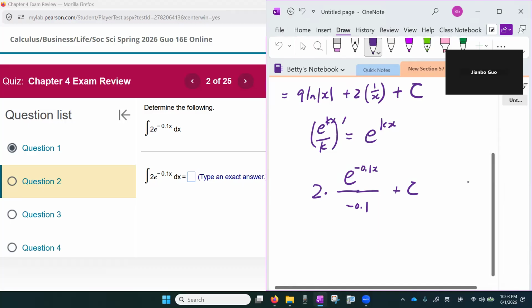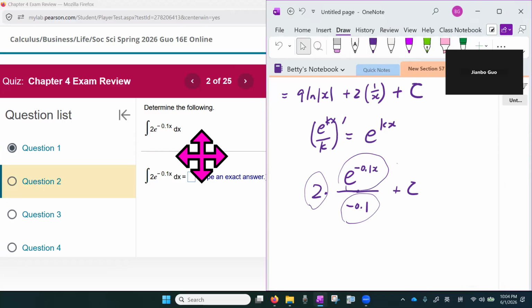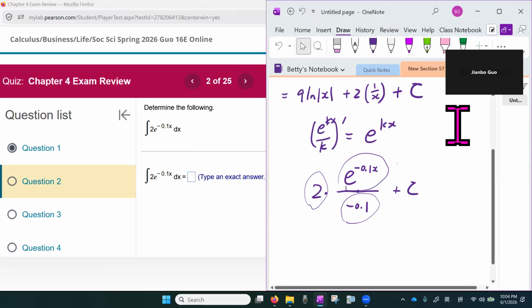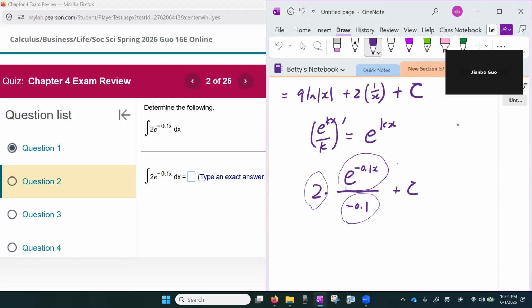You can double check. We keep the coefficient 2 here, and then the derivative of this function is e to the power of negative 0.1x times negative 0.1. That will cancel the denominator. So you will have 2 times e to the power of negative 0.1x. We can simplify the result a little bit. 2 over 0.1.